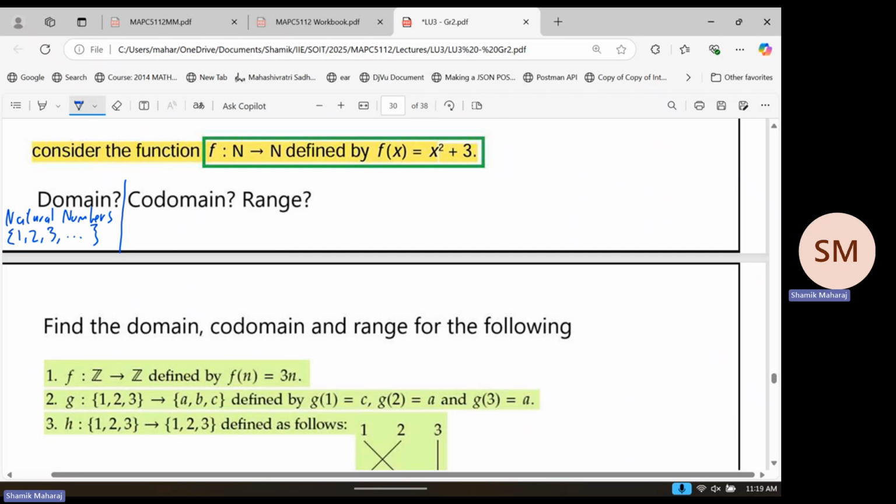That's also the natural numbers here. So it goes from N to N. So that's the codomain on that side, which is the natural numbers. Again, you can write it as a set, 1, 2, 3.